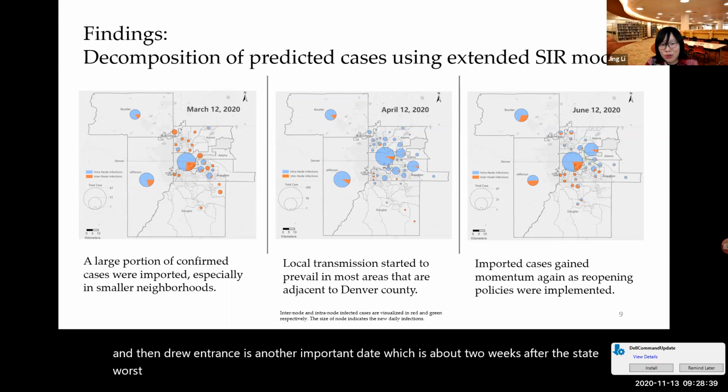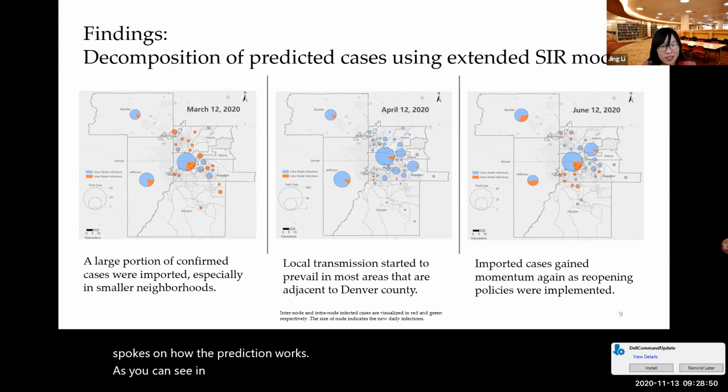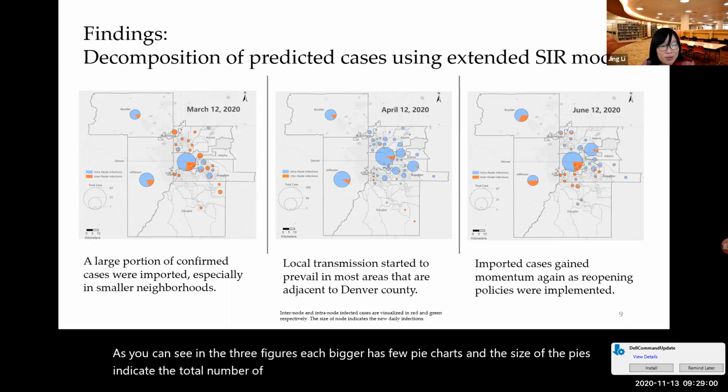I'd like to show you 4 groups of findings. The first group of findings focuses on how the prediction works. As you can see in the 3 figures, each figure has a few pie charts, and the size of the pies indicates the total number of cases. And we decompose each pie into 2 sections.